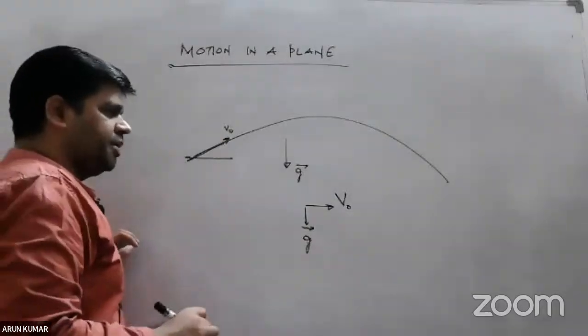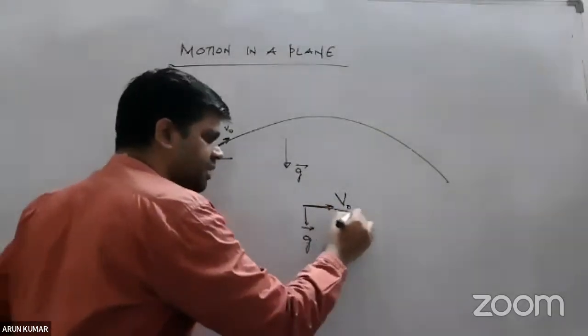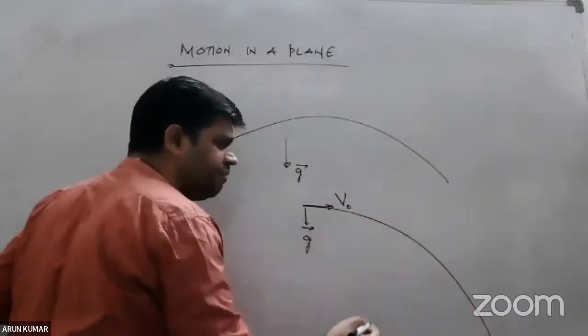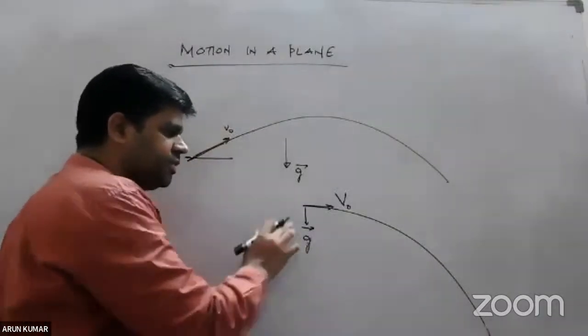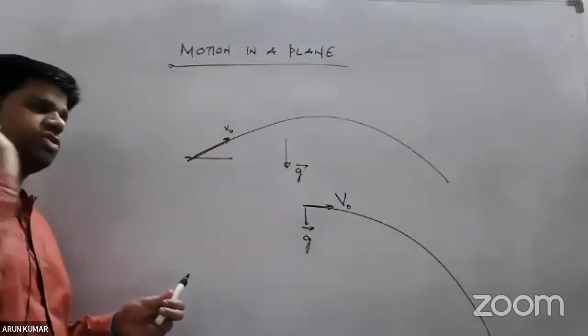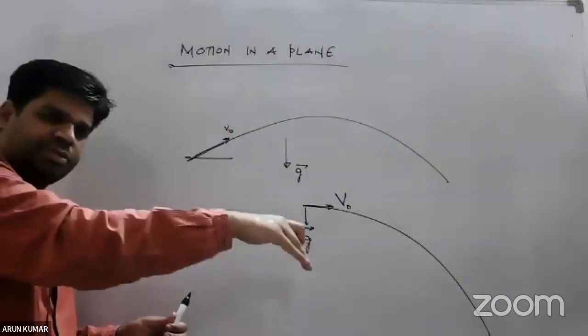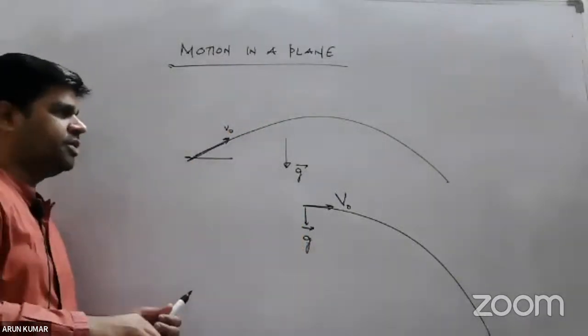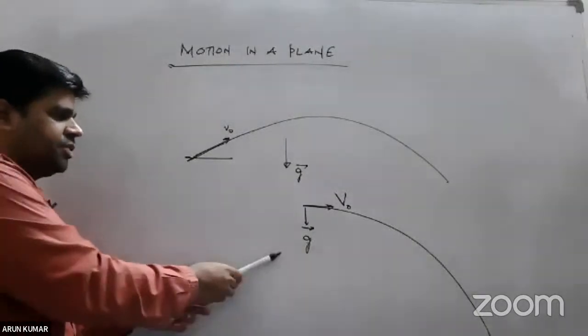So we'll have some path like this. What kind of path it is, we'll derive. But we know that the path is going to be like this because we see it in everyday life. If I throw a particle like this, it doesn't go straight. It goes downward. So we'll start with this today.